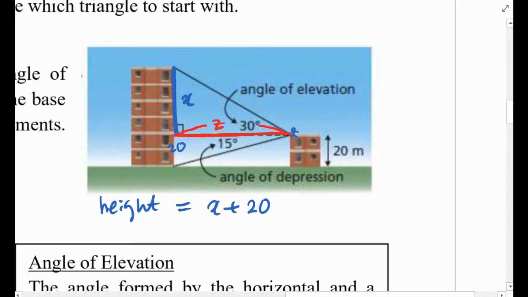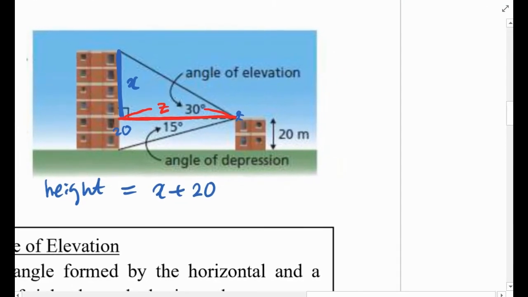Let this be z. Okay, to find z, we're going to use this small triangle. All right, 15 degrees here, 20 is opposite, and z is adjacent.